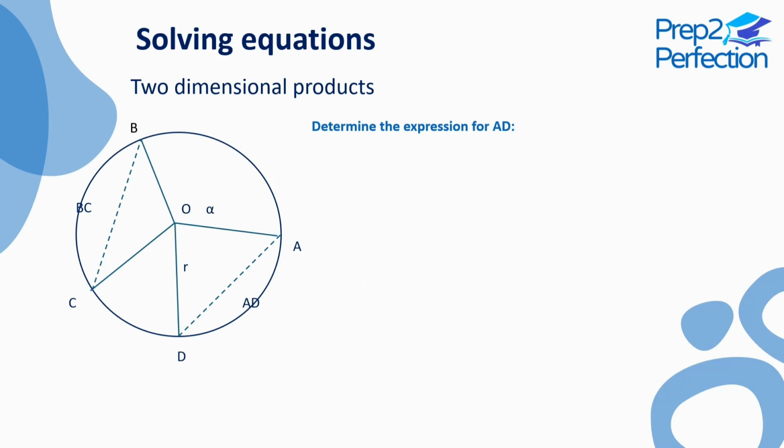Similarly, we can use the law of cosine in the triangle AOD, where OA is the radius and OD is also the radius. The angle in triangle OAD is equal to beta. By the law of cosine, AD squared is equal to OA squared plus OD squared minus 2 times OA times OD times cos beta.